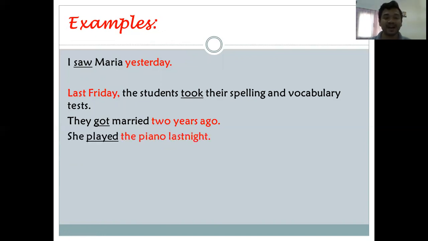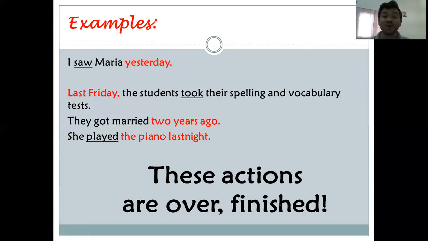She played the piano last night. Now, played is a regular verb. Okay. Now, these actions are over and finished. That is a reason why we have to use simple past tense.